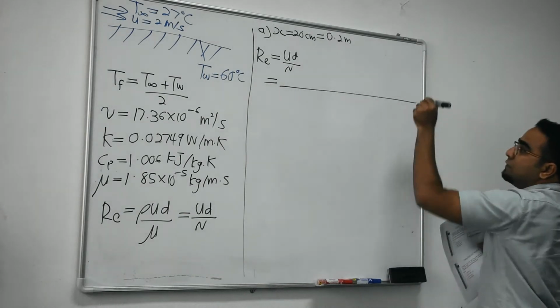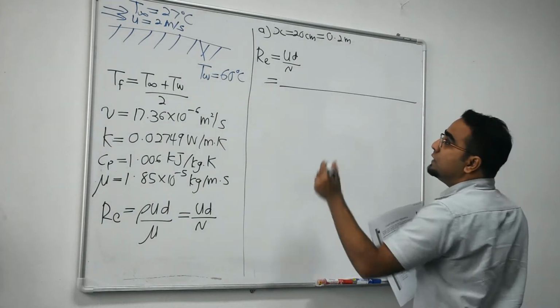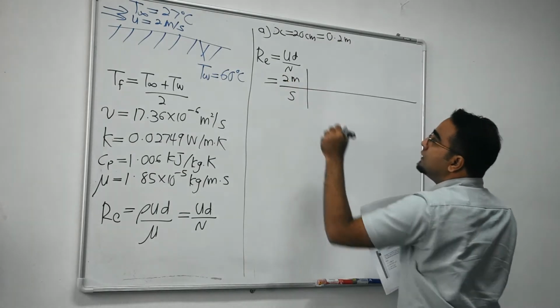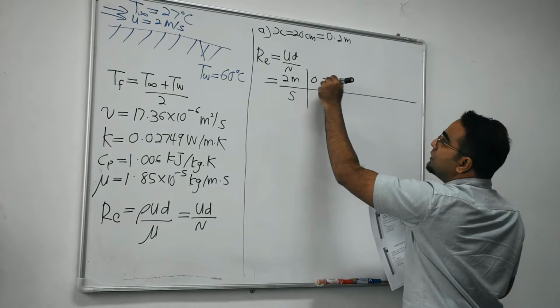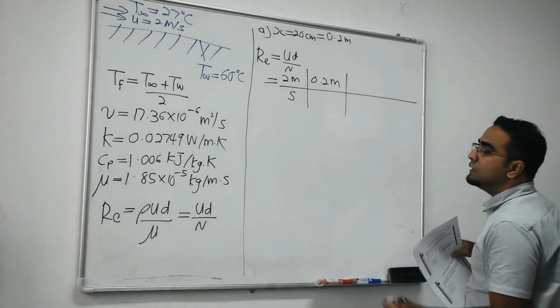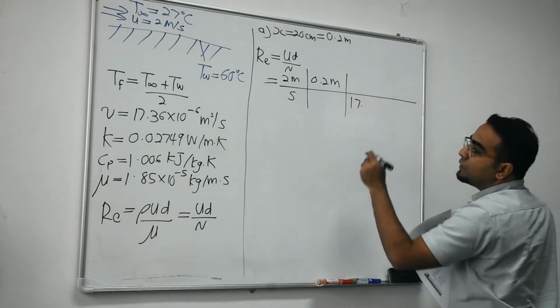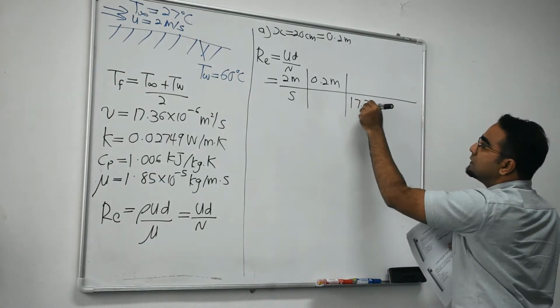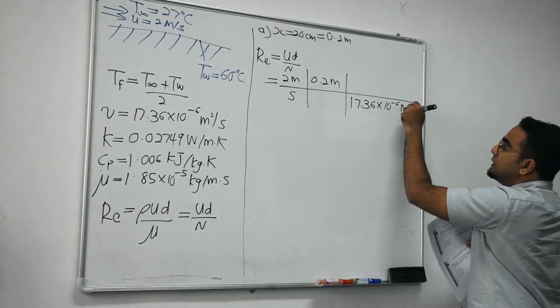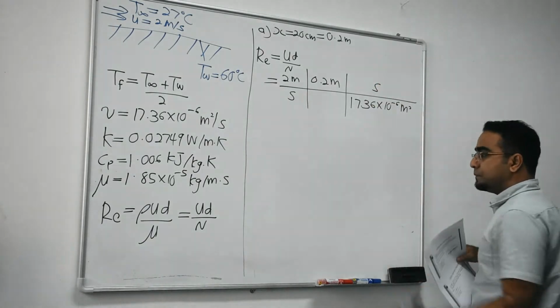So substitute all the values. U is 2 meter per second, D is 0.2 meter, and then your kinematic viscosity is 17.36 10 to the power of -6 meters squared second.